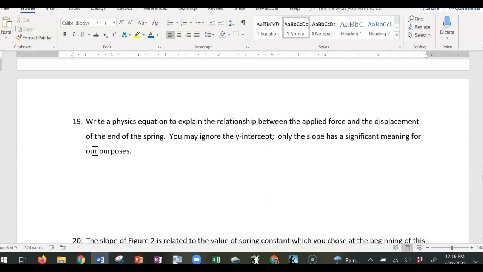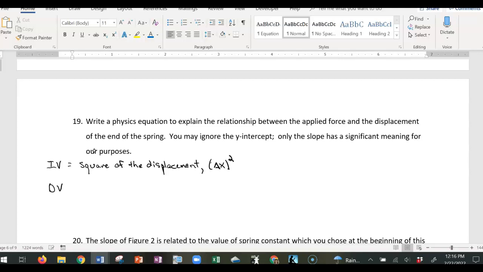So what would the physics equation be? My independent variable is the square of the displacement. And so I'm going to use a symbol for that, which is delta x, that's displacement, squared.